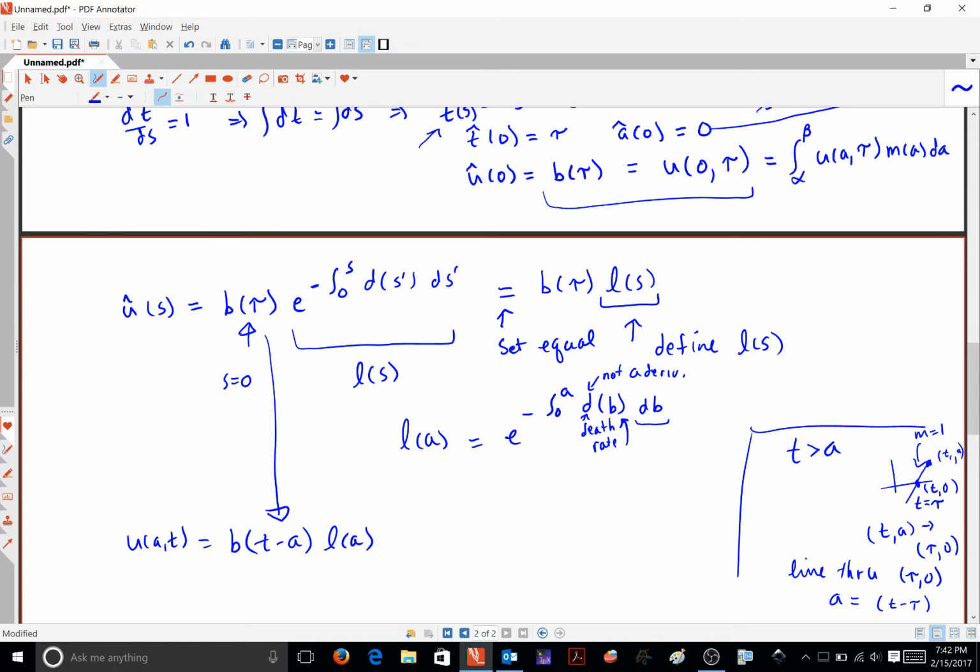Then when you plug in tau, you're at 0, and that gives you a slope of 1. But I need a t minus a. I almost have it. Well, bear with me a second. This is a part I actually didn't write down. It did come to me.